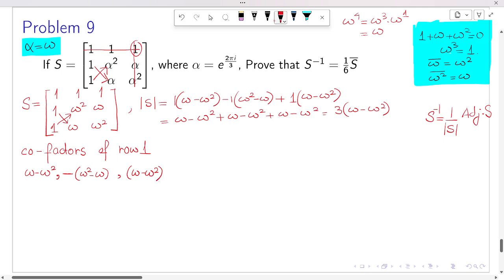Next are the cofactors of row 2. So for the cofactor of this entry, we hide this row and this column. So this is omega square minus omega with a negative sign.